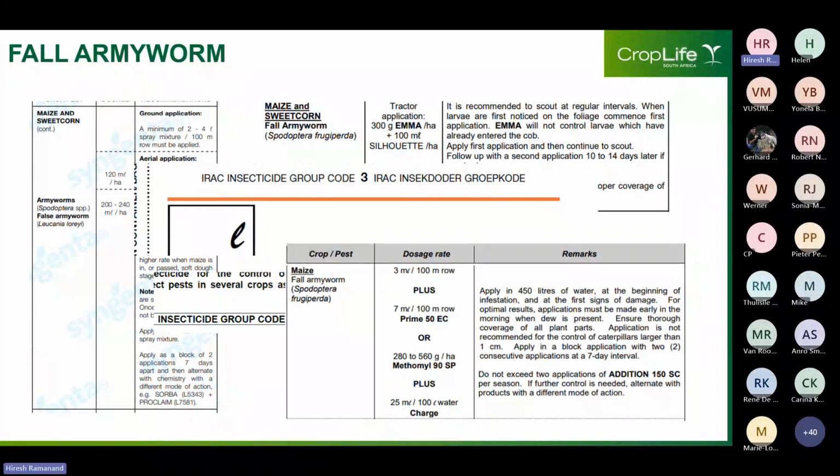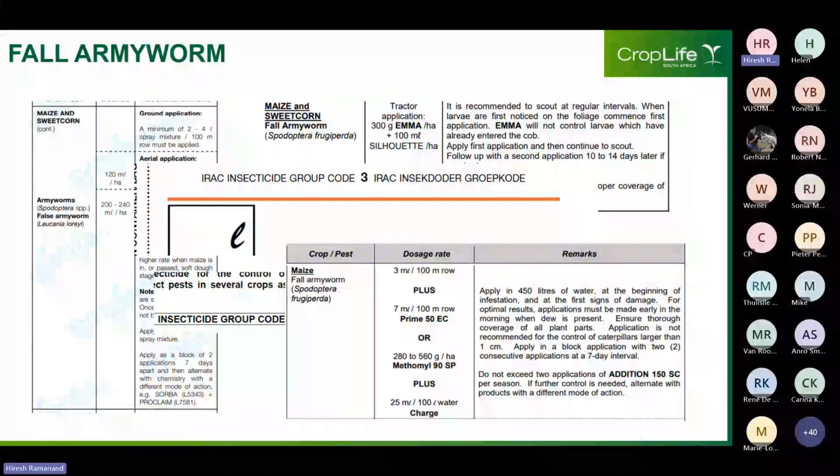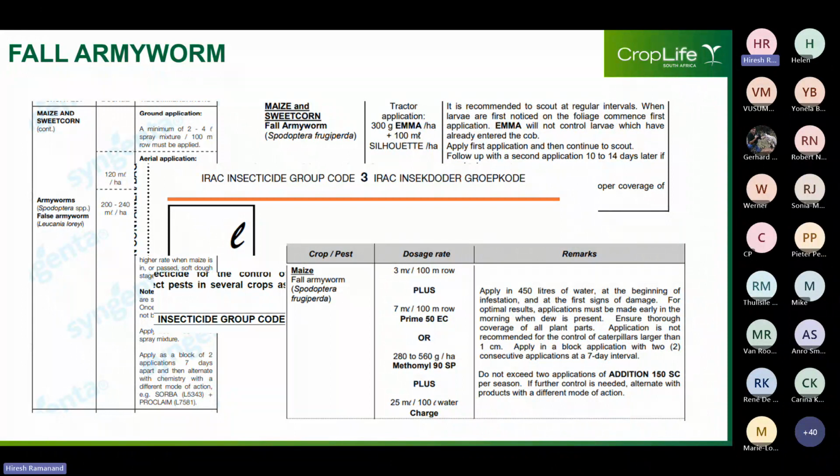Therefore, where a third application may be required before 60 days has passed, another insecticide suitably registered for the crop pest situation with another IRAC insecticide group, for example, 22A, will have to be utilized. This is a very important point to keep in mind. And as discussed previously, a farmer can only return to the initial mode of insecticide group used in a particular block only after 60 days for sprays as per the label.